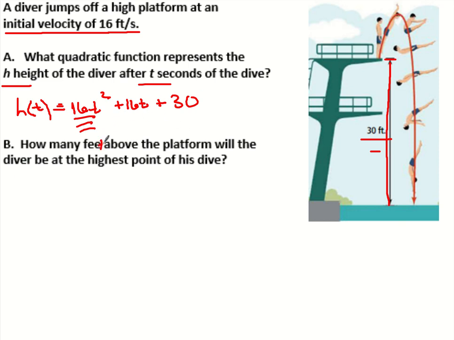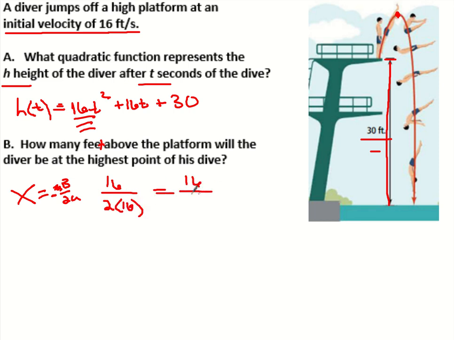Now, how many feet above the platform will the diver be at the highest point of his dive? Well, the highest point is always the vertex. So now I need to use this to find the vertex. So I know that for the vertex, we'll use x and y just so we don't get confused here, x equals negative b over 2a. And again, remember that's negative b over 2a. Well, so let's see here, b is 16, 2 times a, which is negative 16.